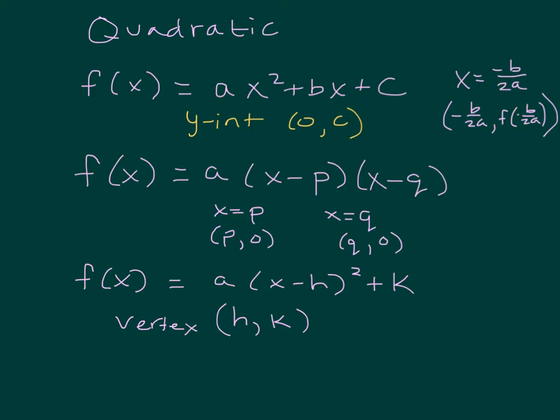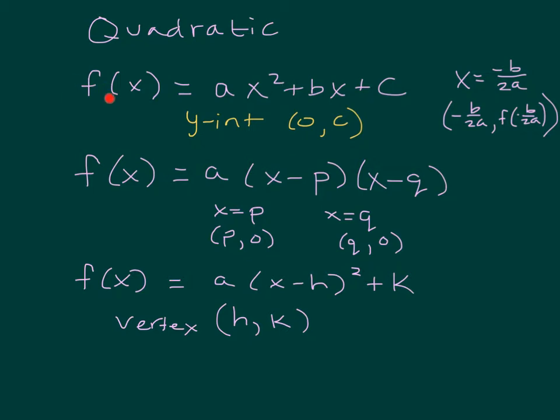So in order to go from here to here, you'd factor. And in order to go from here to here, you'd FOIL, you'd distribute. Okay? In order to go, let's say, from here to here, you would have to FOIL this out and then combine it with the a and the k. So you'd basically distribute it all out and then combine like terms.